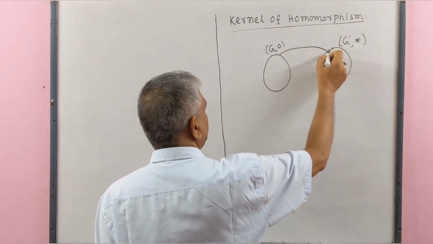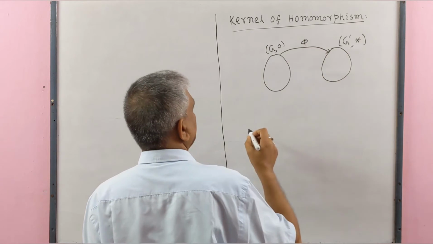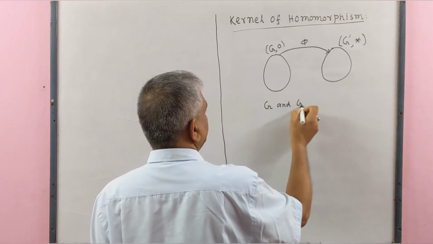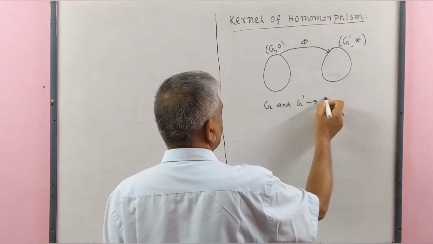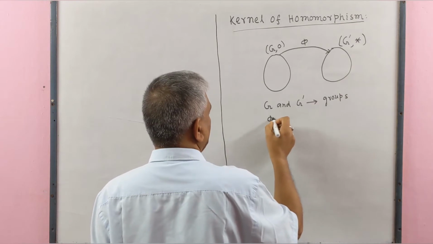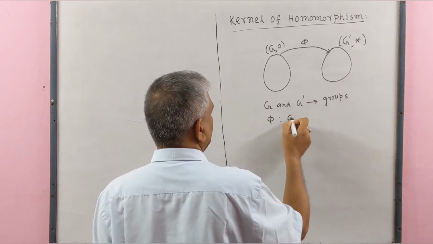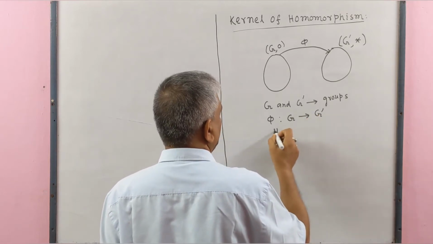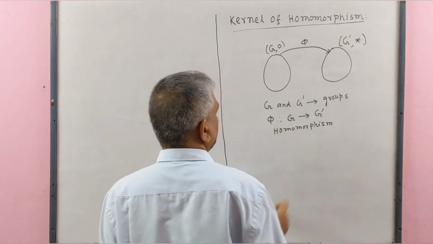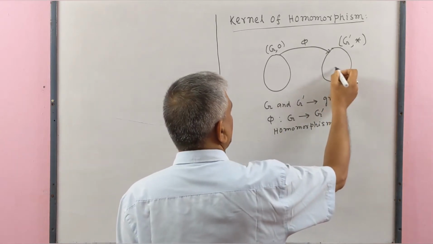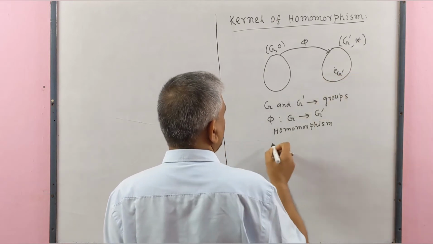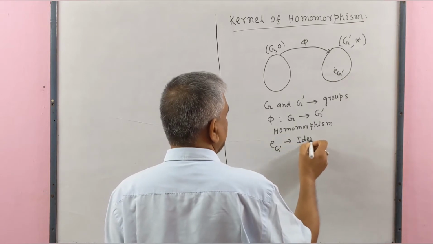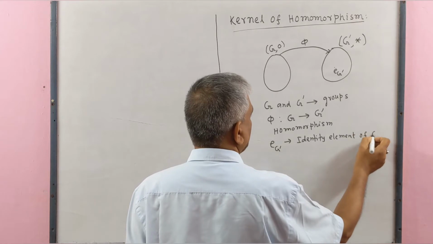Phi is a homomorphism defined on G into G'. Let e_G' be the identity element of G'.